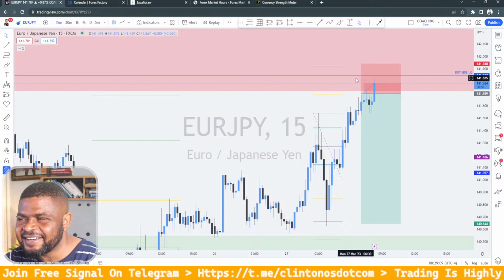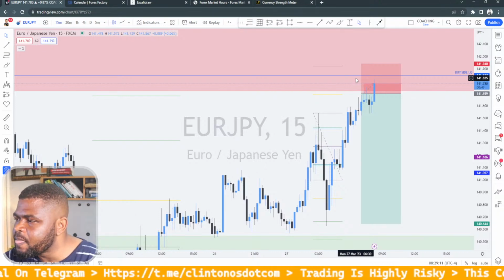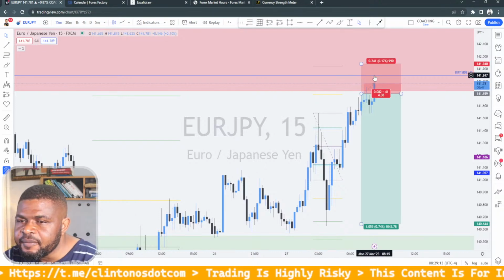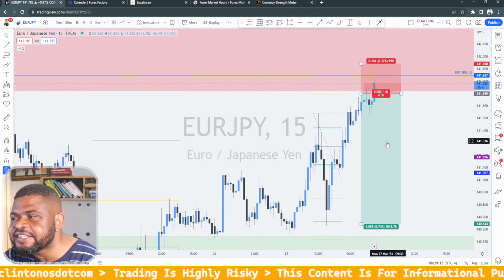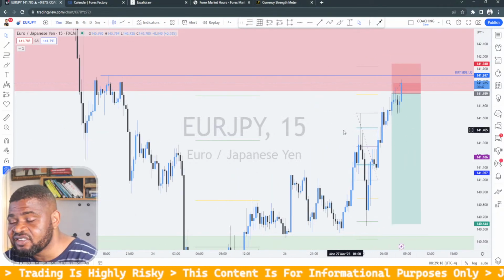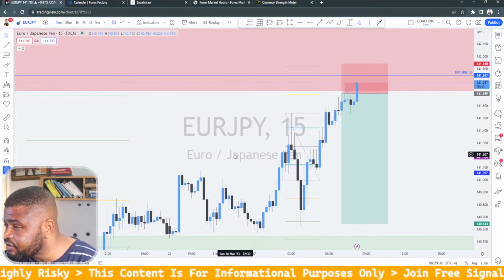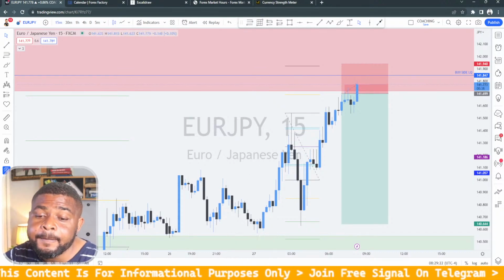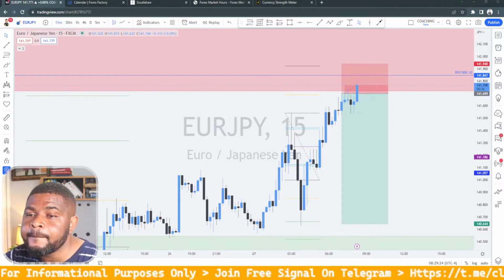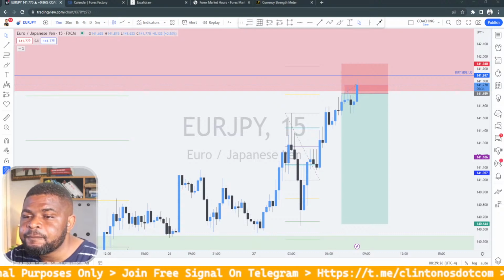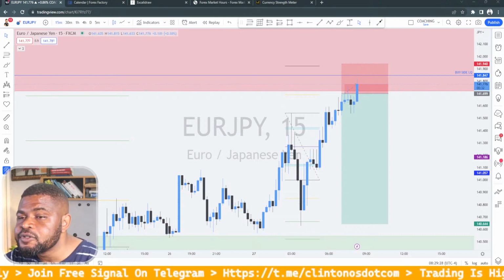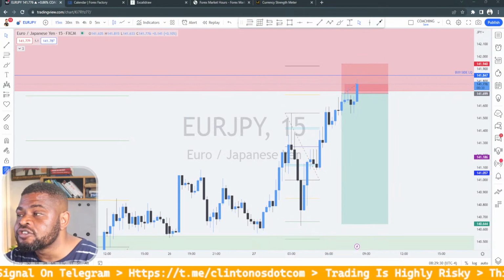I kind of added a little position, very small percentage. I believe it's still gonna go down at least. Even if it doesn't, who cares? Just added 0.1% to my initial risk of 0.5.